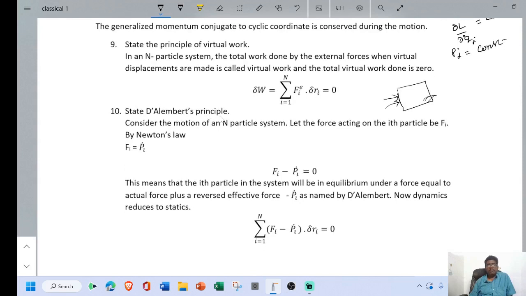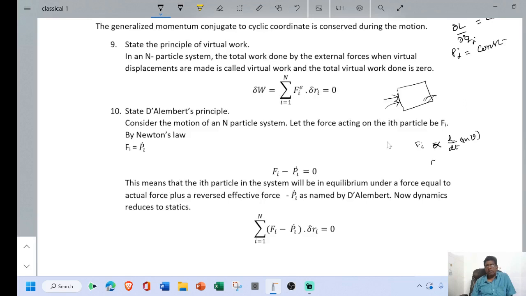State D'Alembert's principle. Consider the motion of an n-particle system. Let the force acting on the ith particle be Fi. By Newton, force acting on a body is equal to the rate of change of momentum, that is d by dt of mv. Actually, force acting on a body is directly proportional to the rate of change of momentum.